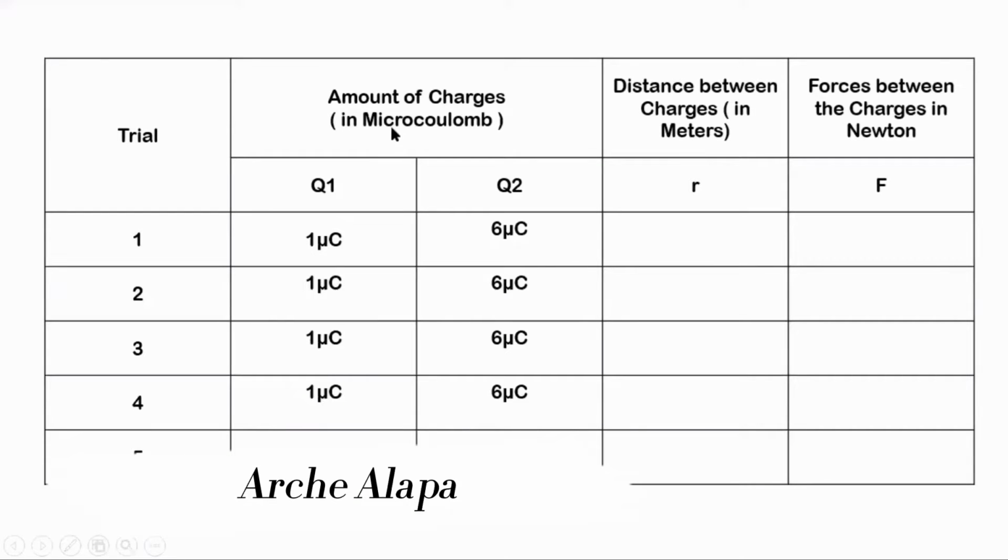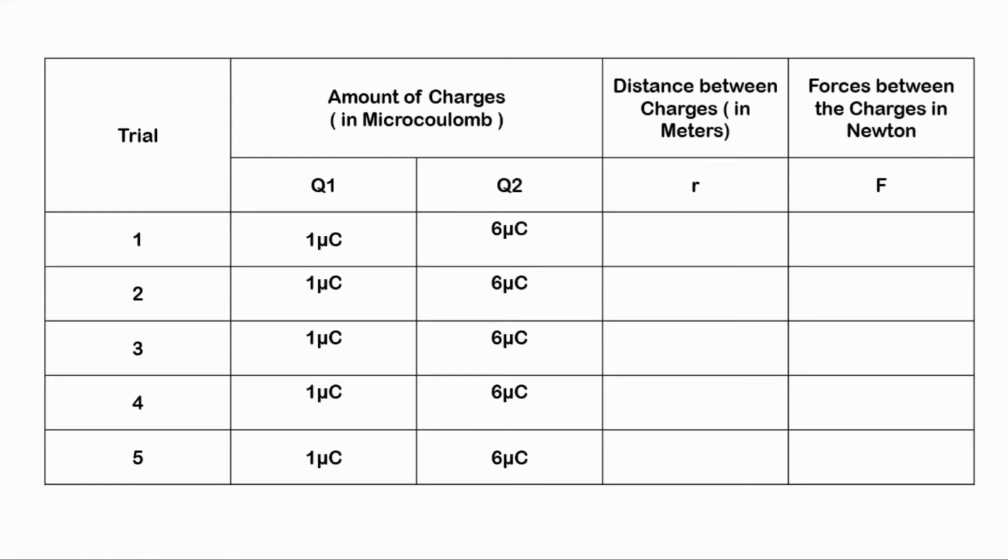Gathering of data for set B. There will be 5 trials. For every trial, there will be a constant value of Q1 and Q2. There will be different distances and the value of force will depend on the PhET. Same as set A, it depends on the diagram that the other member did.